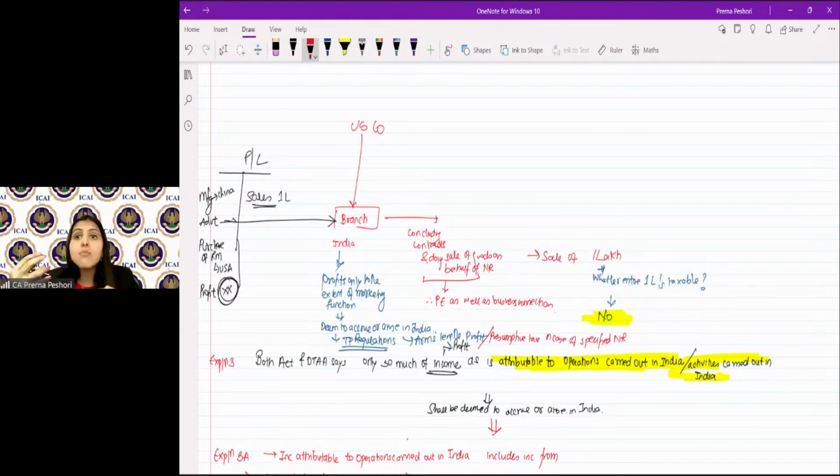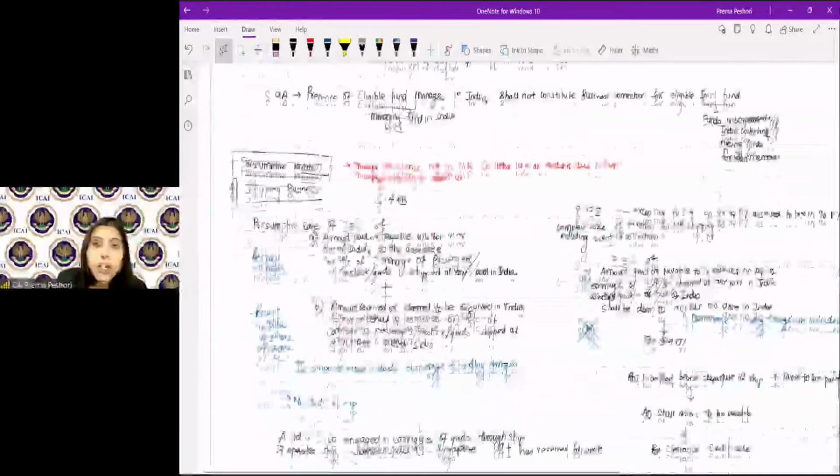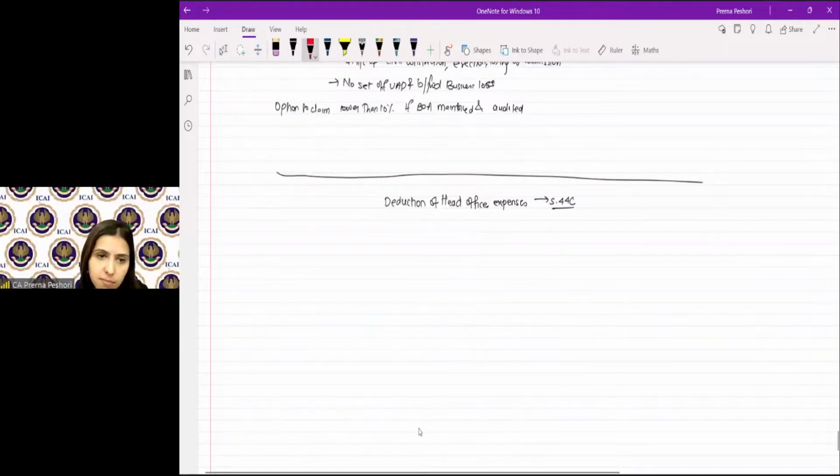Only the activities which are carried out by the branch, resulting in the business connection, which is the connection between the activities carried out in India and the income generated therefrom. Only that portion of the income can get taxed here, right? Correct? So I will make a branch P&L separately. You do it in the accounts also, right? Branch P&L. While making the branch P&L, there is a possibility, students, that a branch may pay certain expenses to the head office.